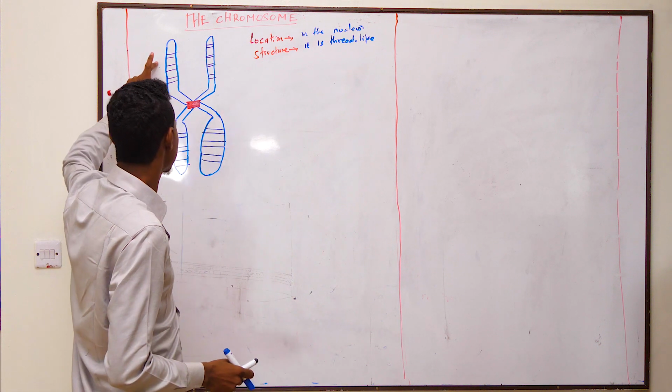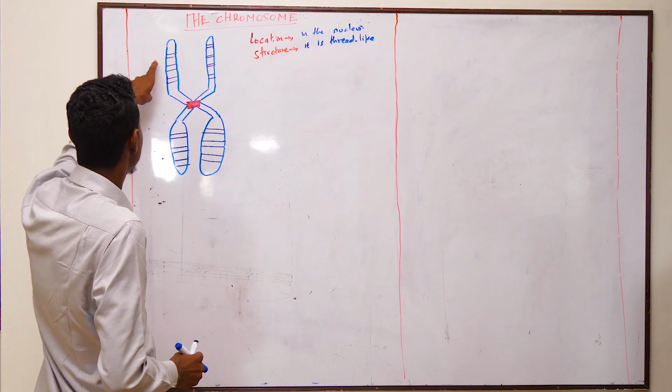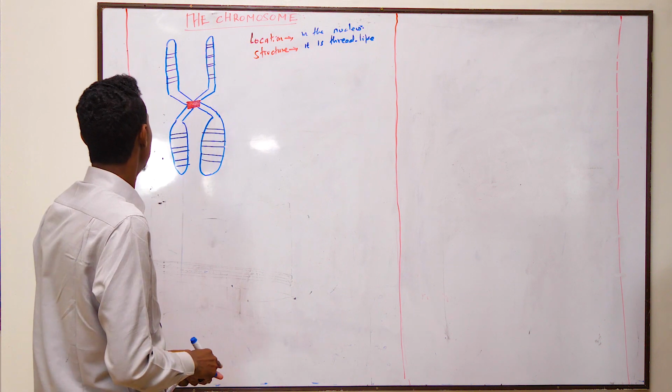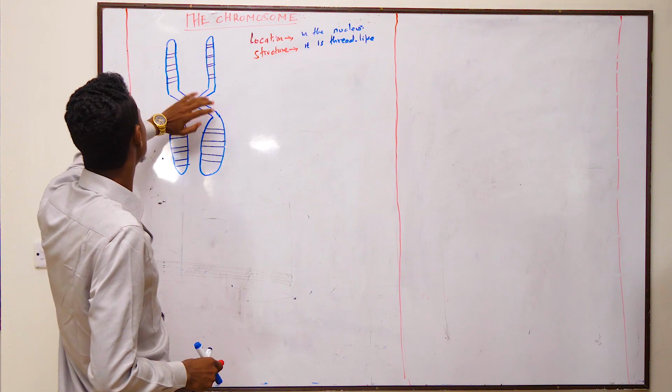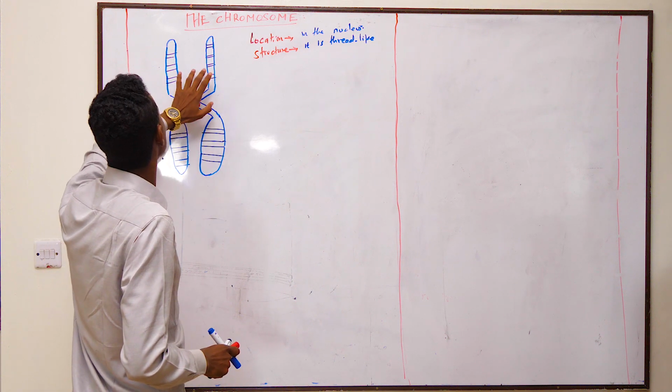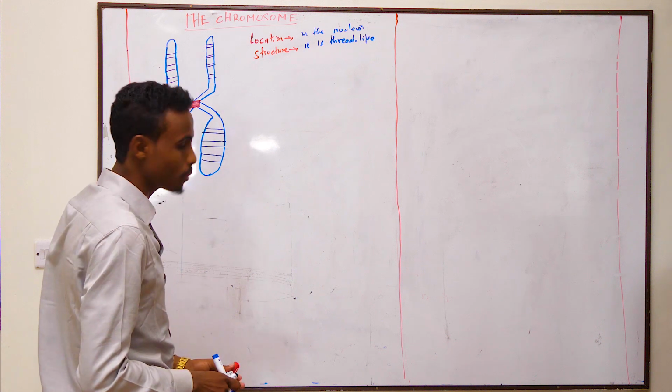Now, this is the structure of a chromosome. Let's look at what the chromosome is composed of. We can see that the chromosome is composed of 2 strands of chromatids.